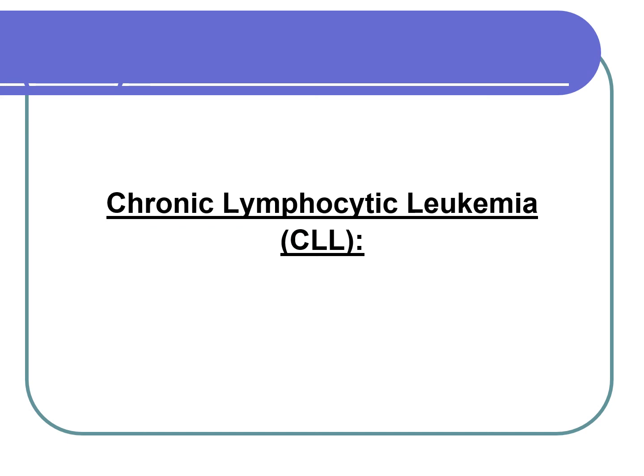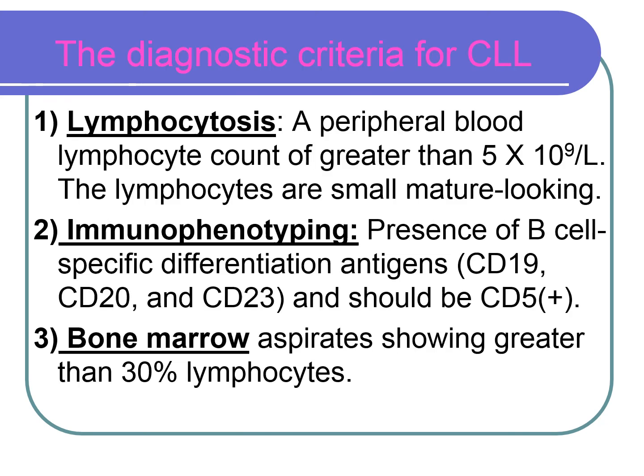Another malignant condition associated with a very high level of lymphocytes in the peripheral blood and the bone marrow is chronic lymphocytic leukemia. In lymphocytosis, the peripheral blood lymphocyte count is greater than 5,000 per microliter, and the lymphocytes look mature and small.